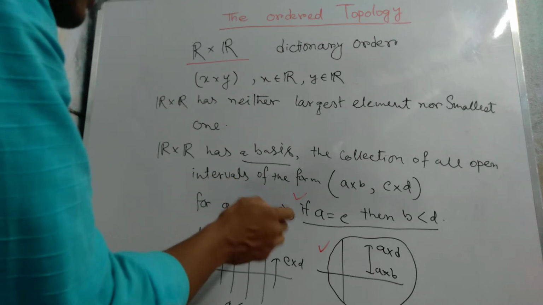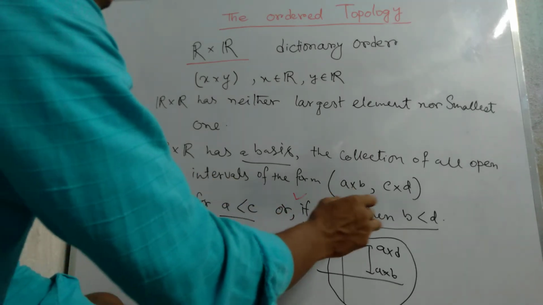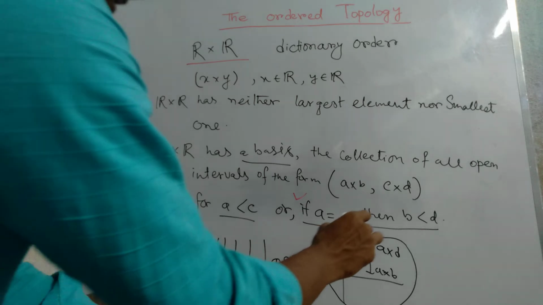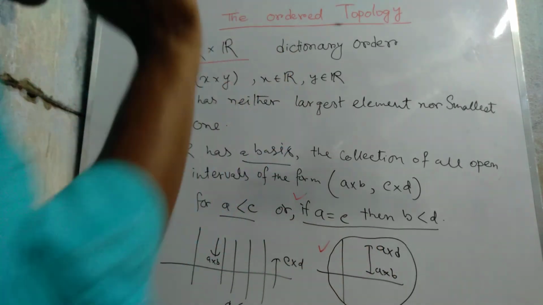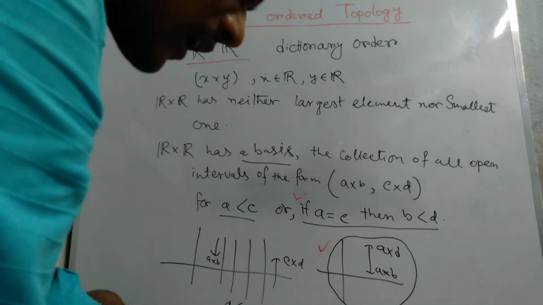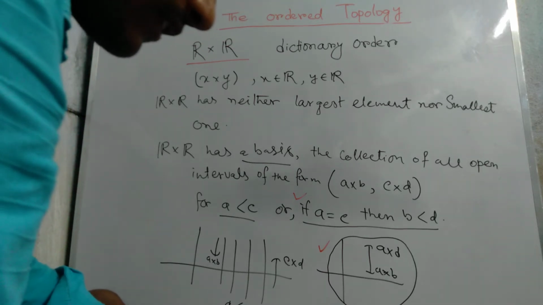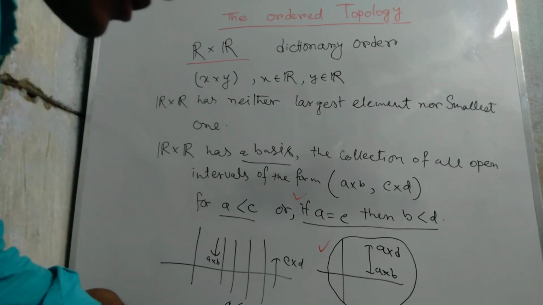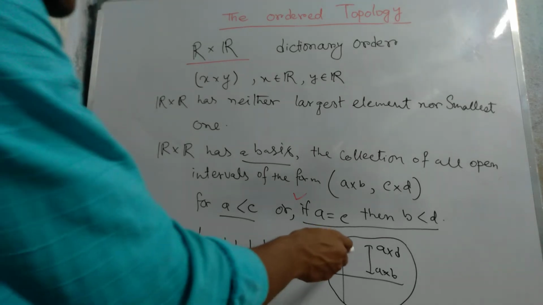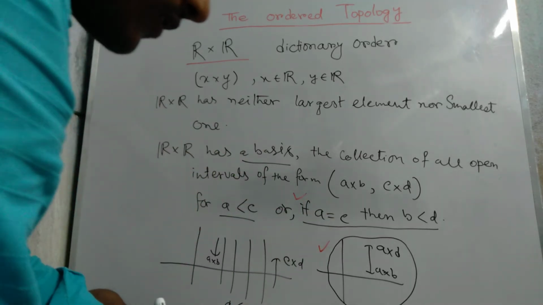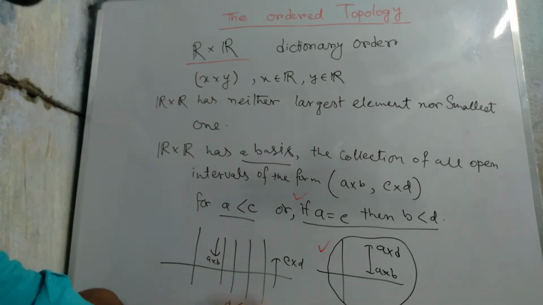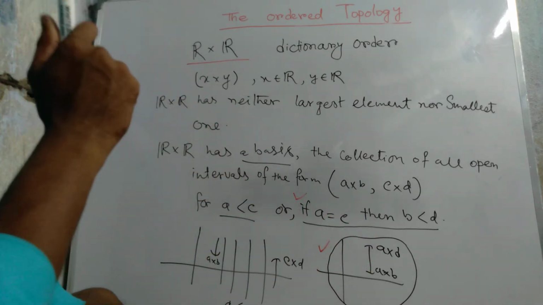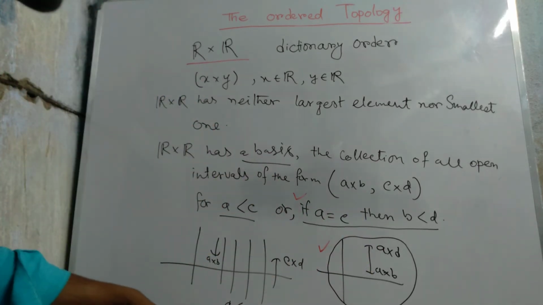For a < c one type, and another type with a = c and b < d, these form the order topology. The subcollection consisting only of intervals of this type is also a basis for the order topology of R × R.